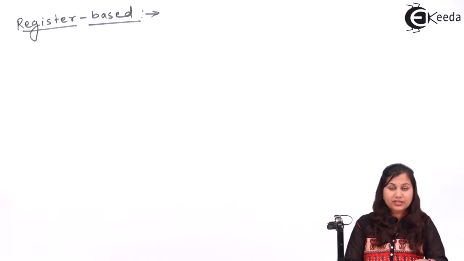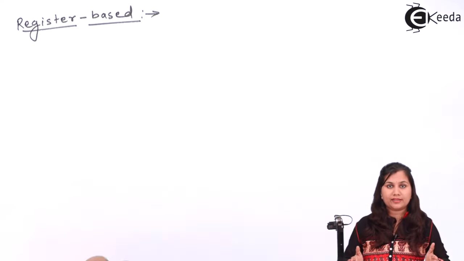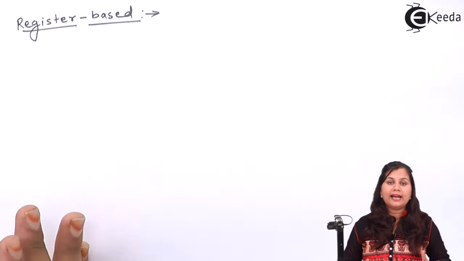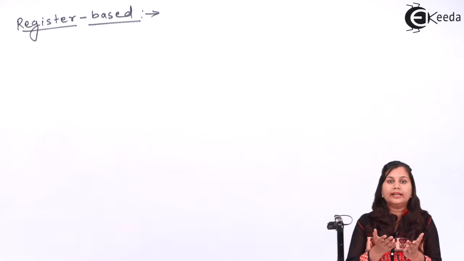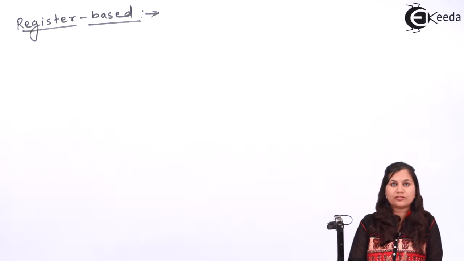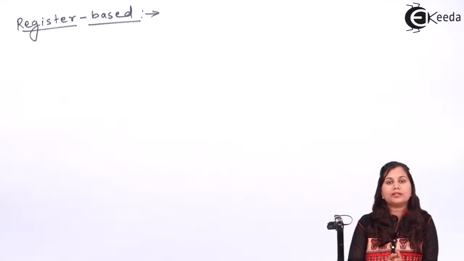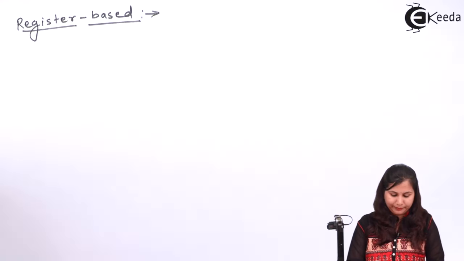So register based means that the microprocessor has a set of registers or a set of memory, and this memory is used to store or hold the input or the intermediate results or the output of the different operations which the microprocessor is performing.